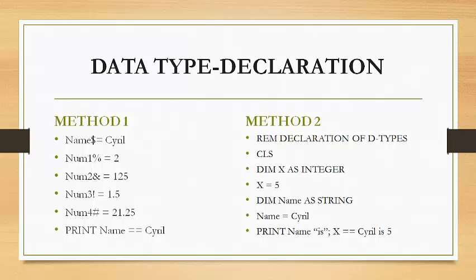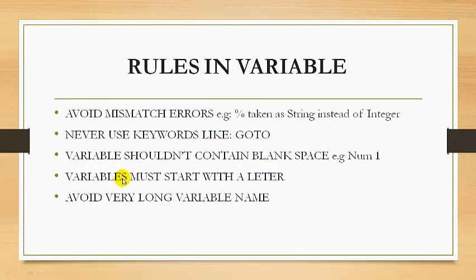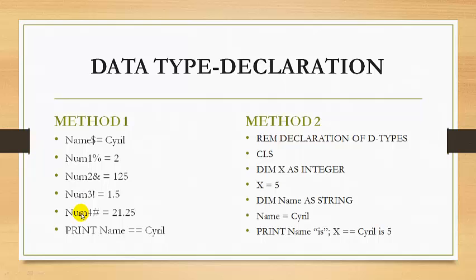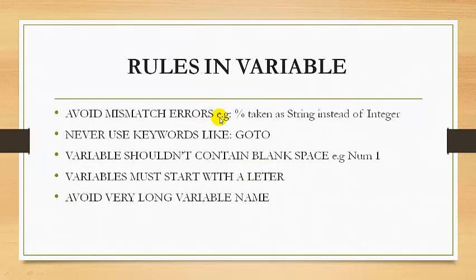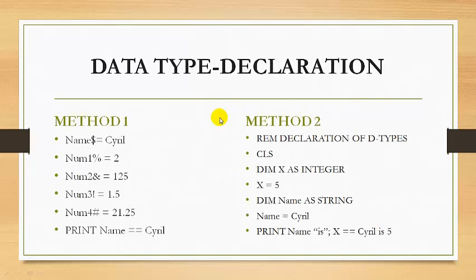Now let's assume at this point we print num1. What are we going to have? We're going to have 2 as the output. Now let's talk about method 2. For method 2, we have REM declaration of data type. You have the class CLS.